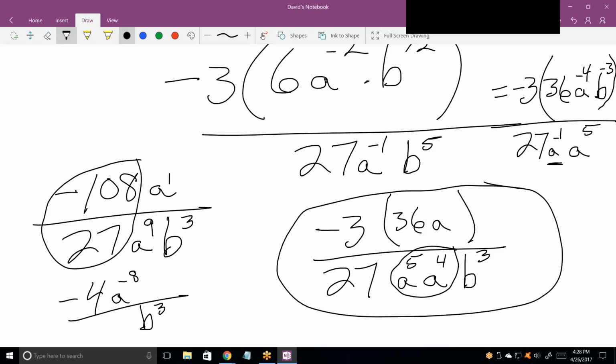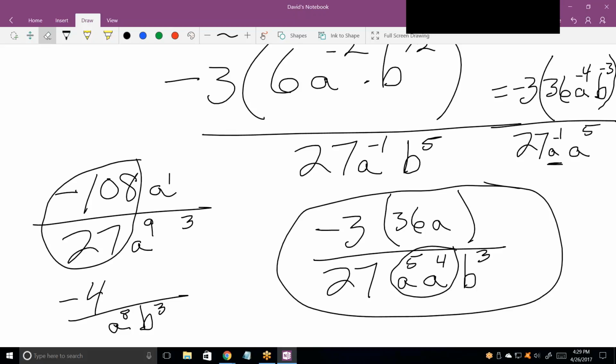They want all your answers to have positive exponents. So I'm going to take this a to the minus 8 and move it to the denominator as an a to the plus 8. And now I have my answer. In other words, I've got nothing but positive exponents, and I have everything in the right place.